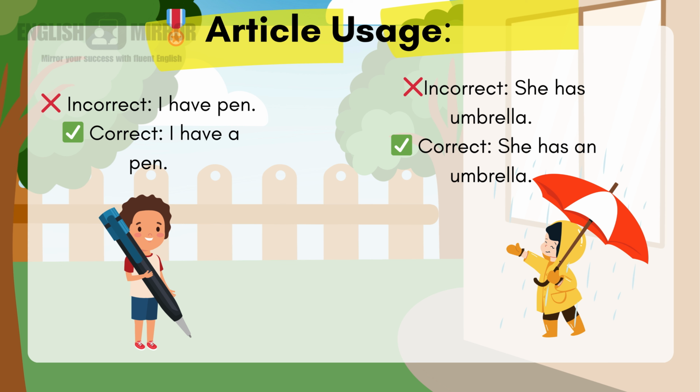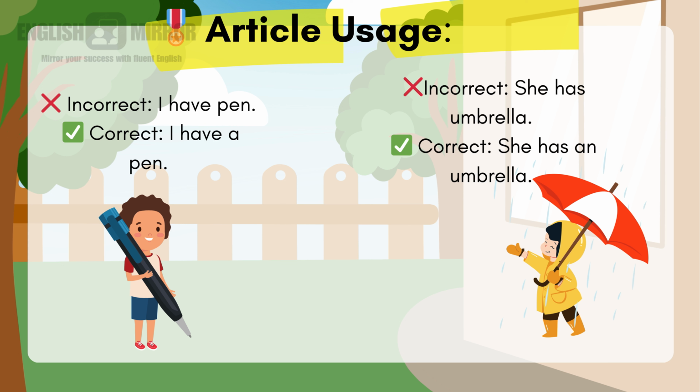Same like the above sentence. She has umbrella means some umbrella, not specific. It is not specific, and it can be any umbrella. But if we are using the sentence like she has an umbrella, it means that a particular umbrella is described and that particular girl is having an umbrella. We have used the article an. What is the reason for that?